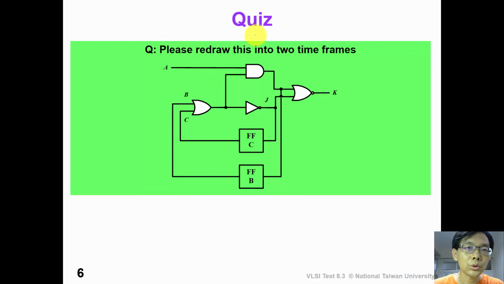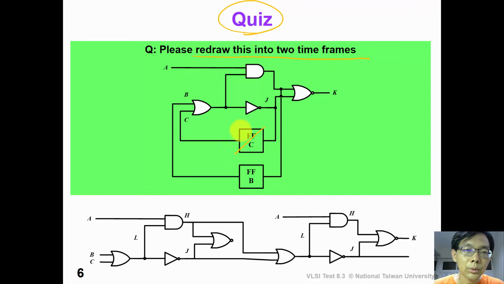Now it's time for you to work on this quiz. Given this circuit, please redraw this circuit into 2 time frame models. Now please pause the video and draw the 2 time frames. Okay, are you done?